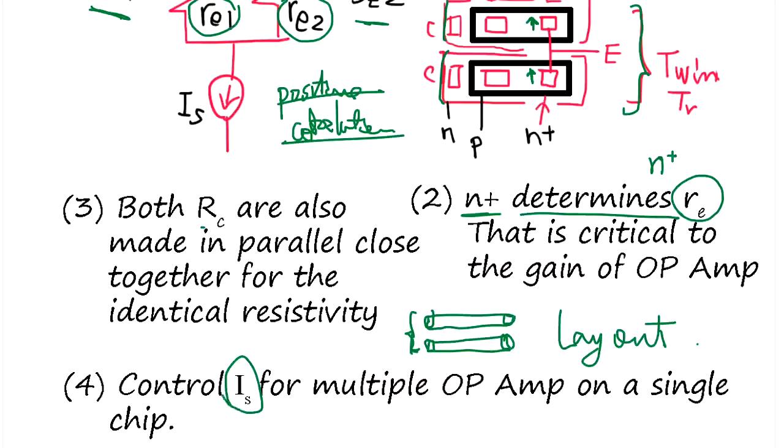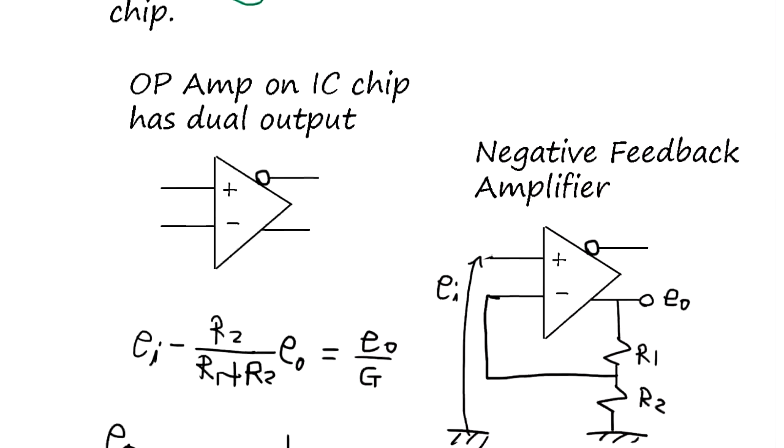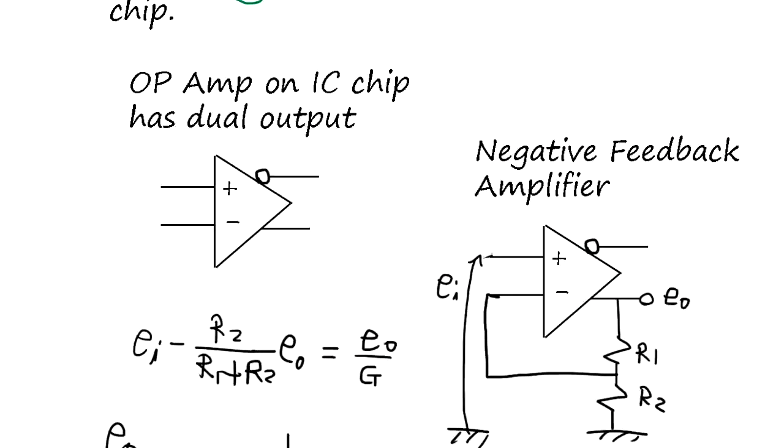And control IS, this guy, for multiple op-amps on a single chip, we have to control this IS, and we talk about the current source circuit later. So the op-amp IC chip has a dual output.